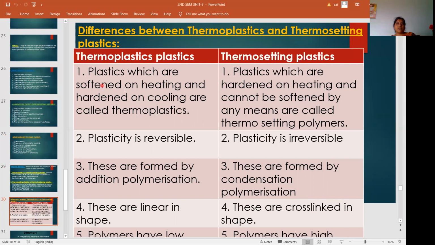Plastics which are softened on heating and hardened on cooling are called thermoplastics. Plastics which are hardened on heating and cannot be softened by any means are thermosetting plastics. Any means means by applying heat or pressure, they are not softened.